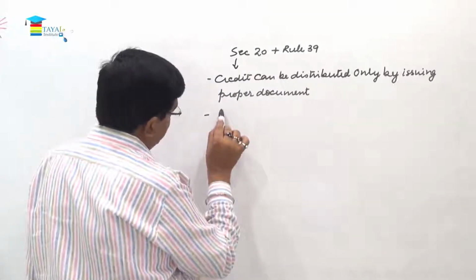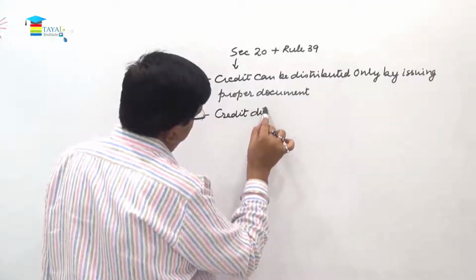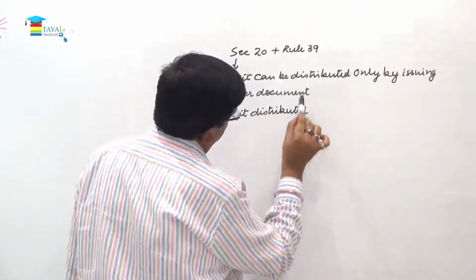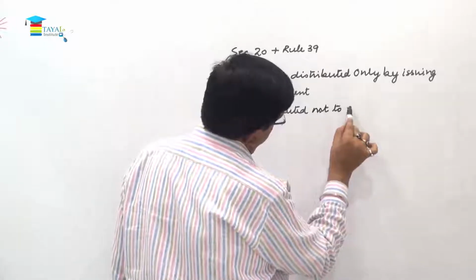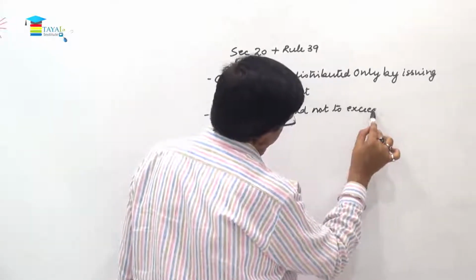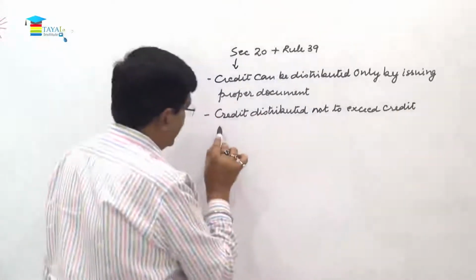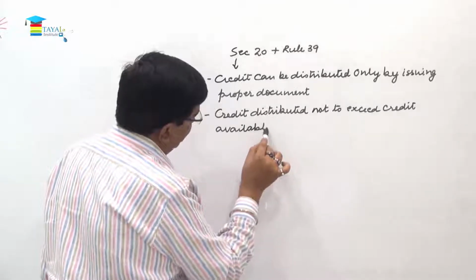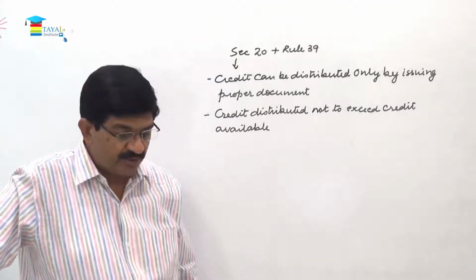and the credit distributed not to exceed credit available. So whatever credit is available, only that much amount of credit should be distributed.